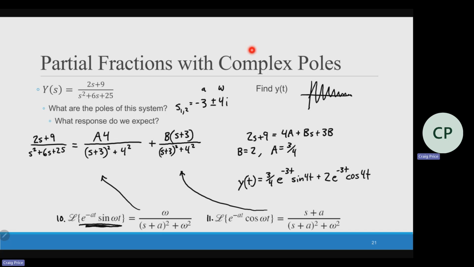Again, it's just trying to set up our partial fractions based on the table so we can bring it back to the time domain very easily once I find those constants.